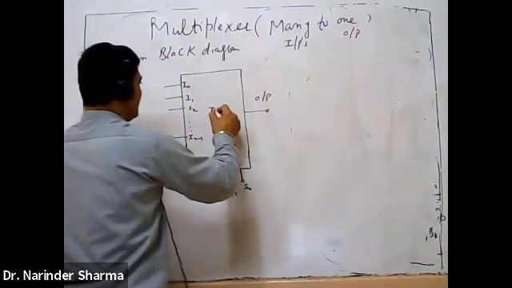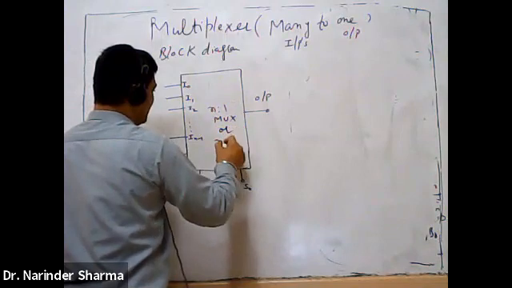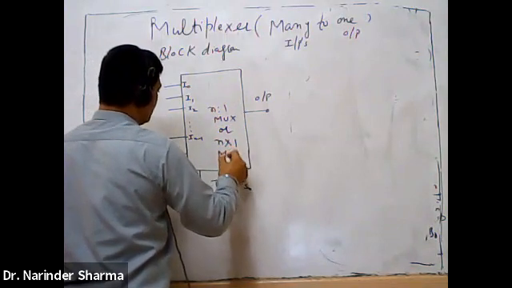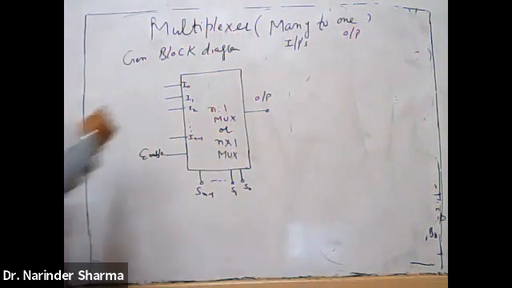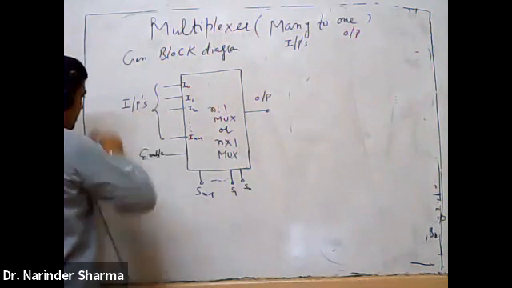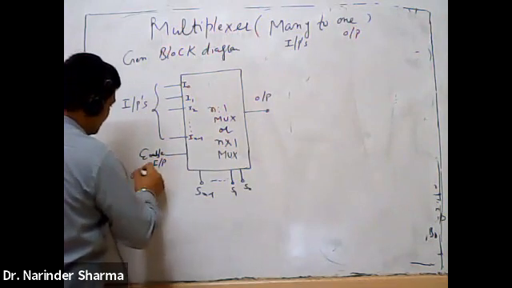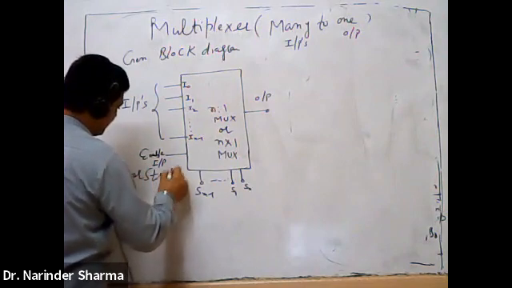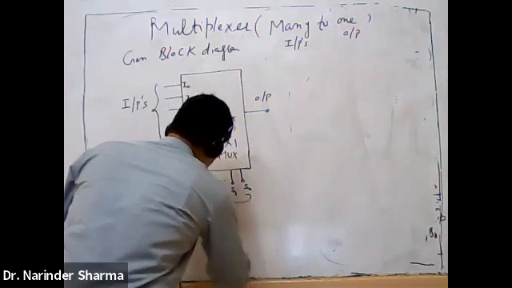This is an n is to 1 mux, or some books say n cross m mux. It may be asked with n is to 1 or n cross 1. These are your inputs. This is your enable input or strobe. This is your select inputs.